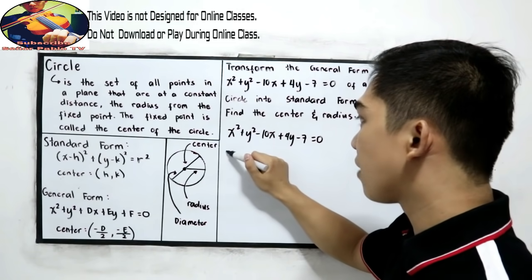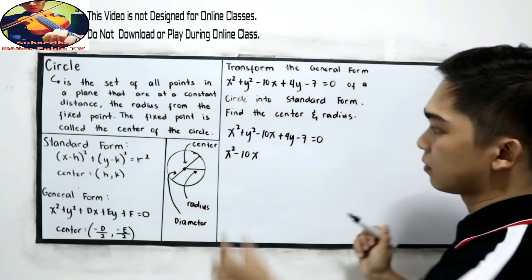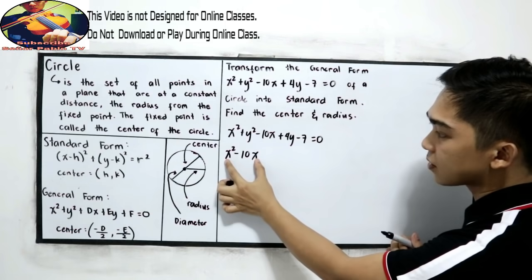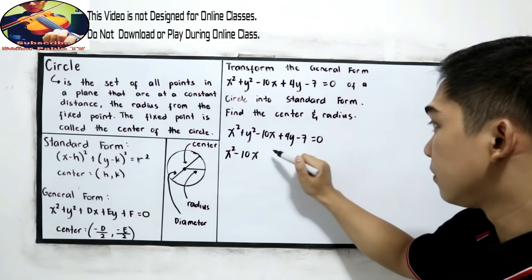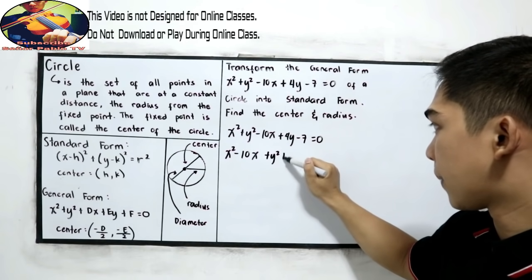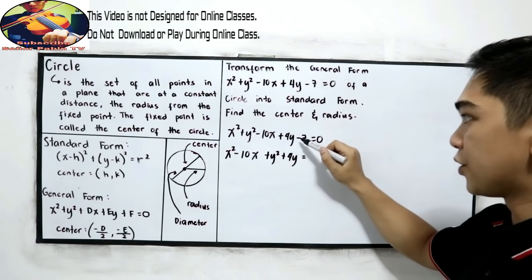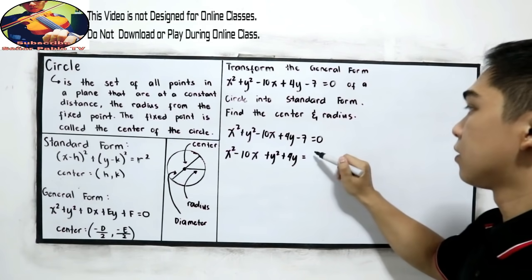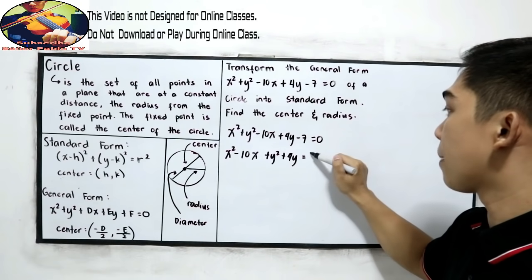So we have x squared minus 10x. So x and x must be written beside each other. Then plus y squared plus 4y is equal to, addition property. So in short, we're going to transpose. That will become positive 7.